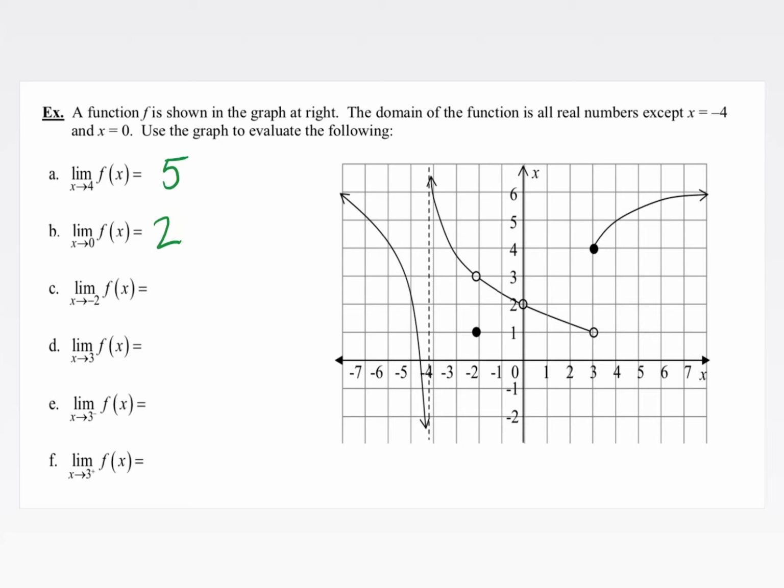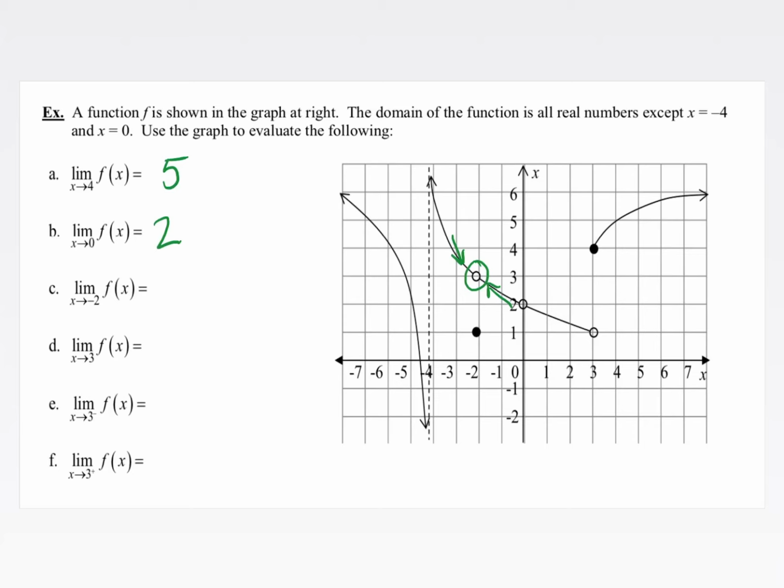So we want to find -2 on our graph here. But notice here, if we find -2, it gives us 3. And that's because it's connected on our graph right here. So we can come in from the left-hand side, we can also come in from the right-hand side.